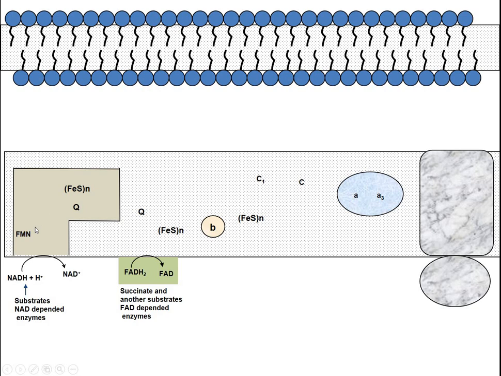and transfers flavin mononucleotide into the reduced state. Reduced flavin mononucleotide sends two protons into the intermembrane space and two electrons into the iron sulfur cluster.